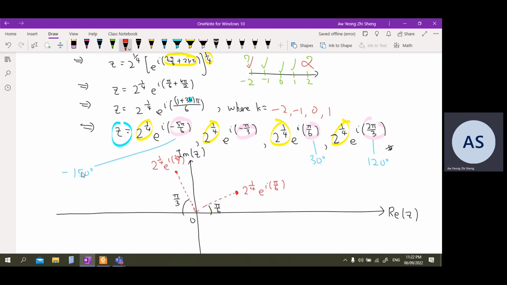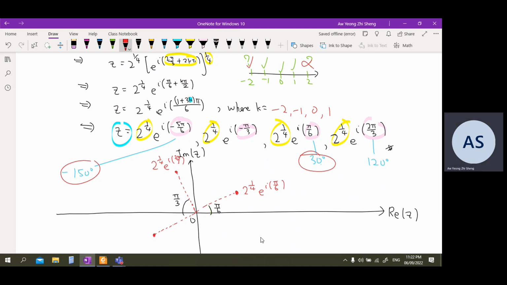So minus 150 degrees will have a 180 degrees difference with positive 30. Okay, so that means it will be a direct continuation of the 30-degree line on the other side. So it's just the 30-degree line that you already had in quadrant 1 extended to the other side. It is a direct continuation.